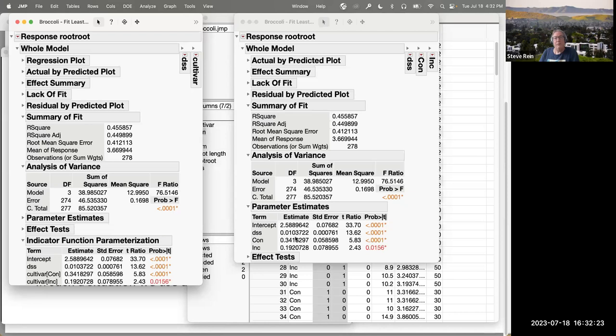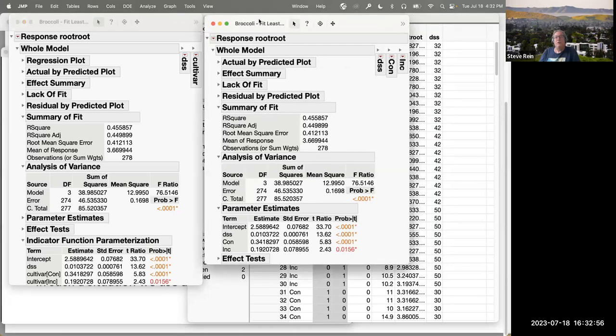The con effect is now a slope for con, because the con variable is 0 or 1, and the only way for it to increase by exactly 1 unit is to go from a 0 up to a 1, from a non-con to a con, and the second one from a non-inc to an inc. That's really effectively comparing, are you con versus are you that reference group, that sim group, or not? So with con and inc, I'm fitting the exact same model two completely different ways.